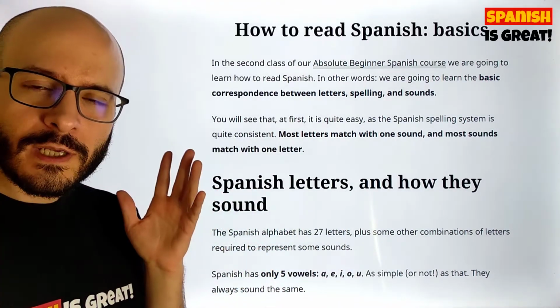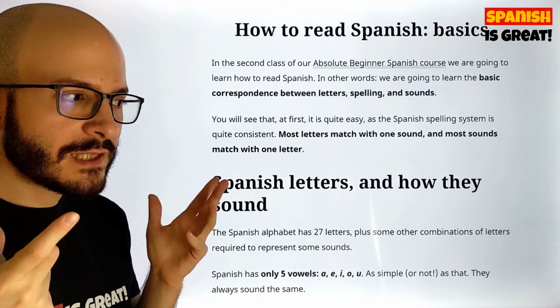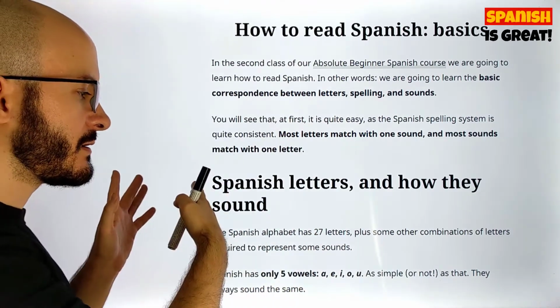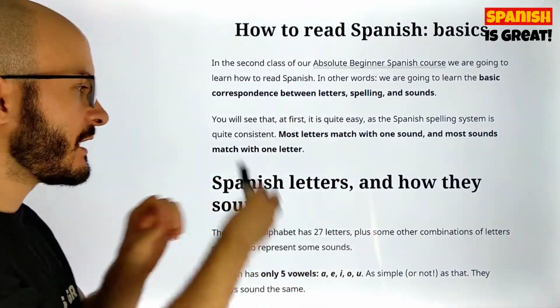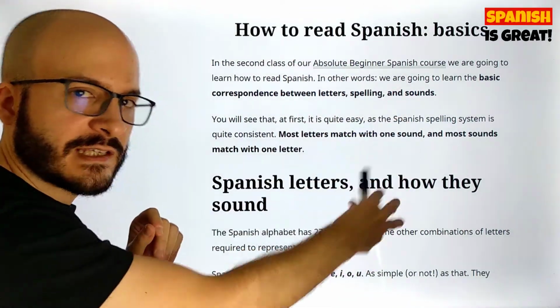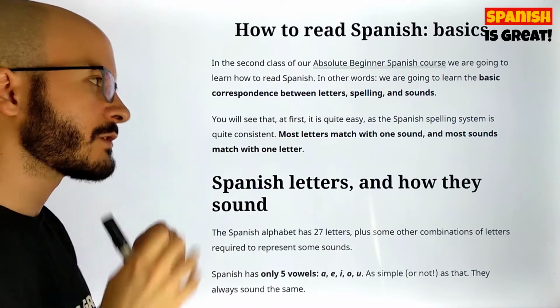In general, we will see that there is actually, let's say, good correspondence between Spanish letters and Spanish sounds. In general, if you find this letter, it's almost always going to be the same sound, not like in English, which to be honest is quite crazy, no?